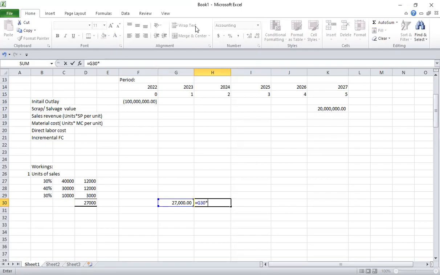So multiply by 125%, that means in year two, we then have 33,750. So that's the first increment which we expect for year two.